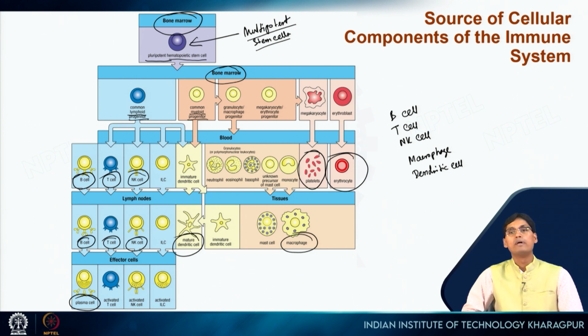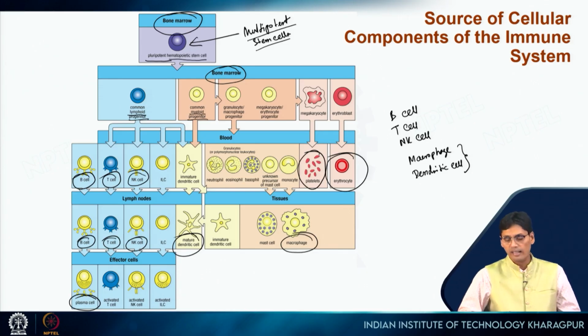These are very important immune cells. Other cells are also important, but without discussing these cells, I will not be able to explain innate and adaptive immune response. Macrophages and dendritic cells are particularly phagocytic cells. And B cell, as I already mentioned, produces antibody. Later on we will learn all those things.